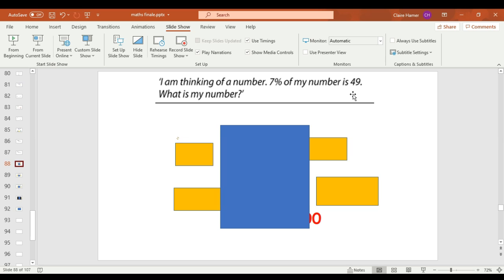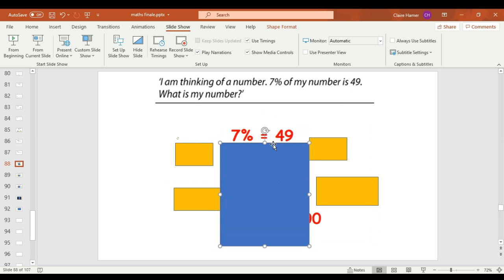So I suggest you divide first and then multiply, but equally you may have a different pathway that you want to take. So first of all, write down what you know. So you know that 7% equals 49. Work out what the whole number is worth. Pause the video, record your workings.